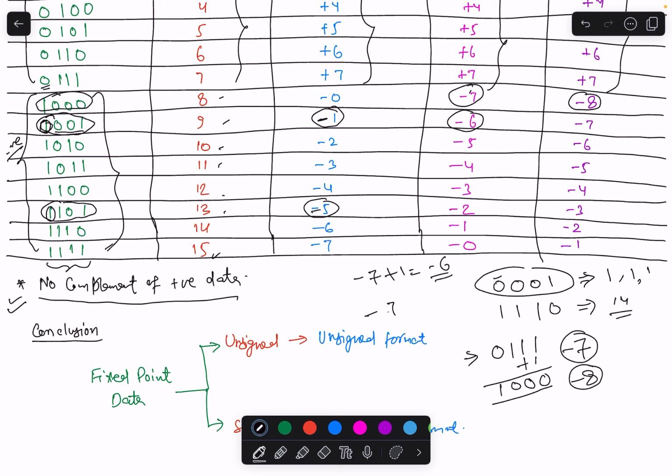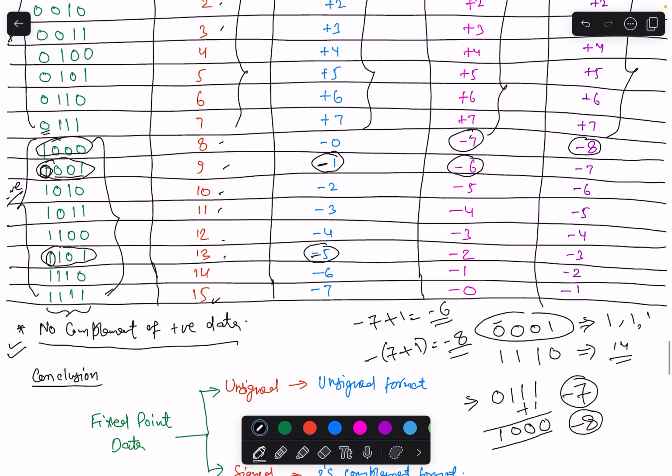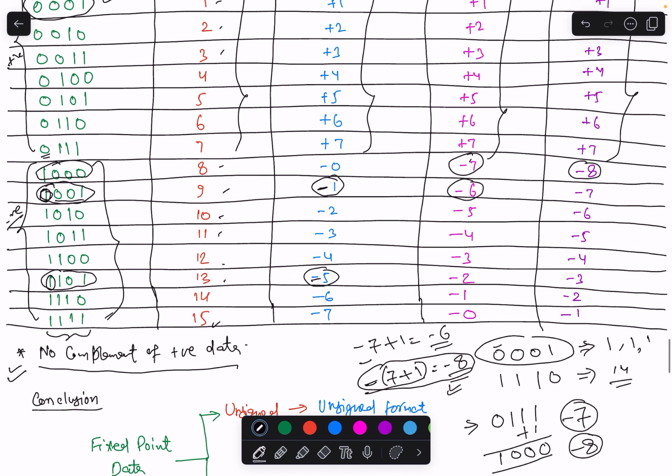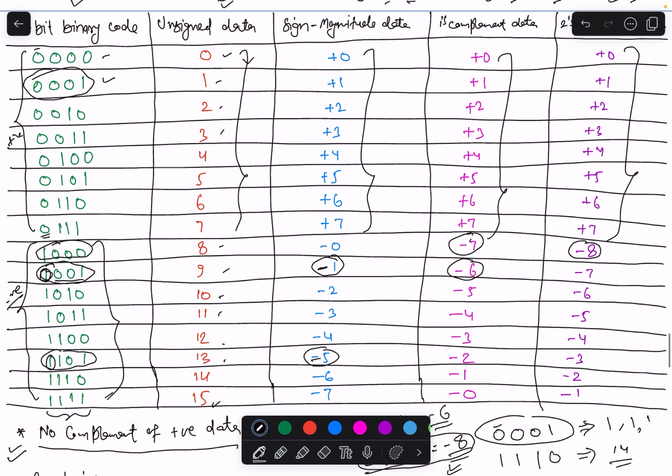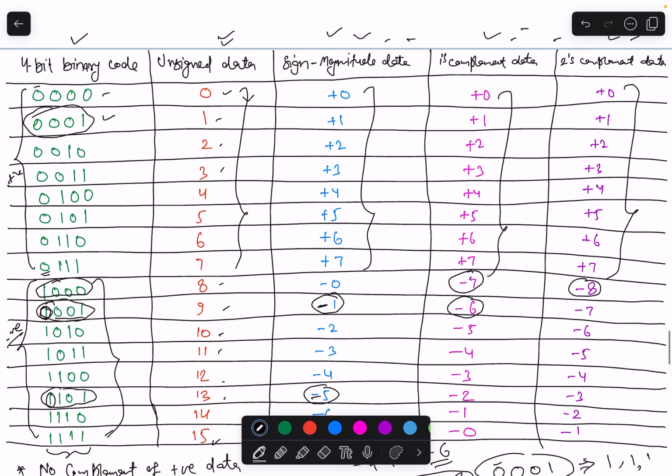So it would be minus 8. So if we are given the ones complement, we can add 1 to the magnitude and then take the negative sign to find the two's complement. So this is how we find the sign magnitude, ones complement and two's complement.